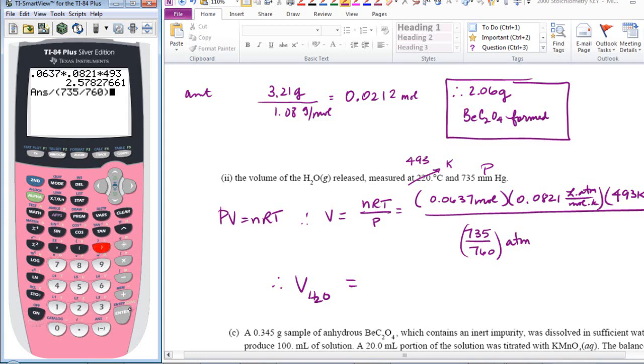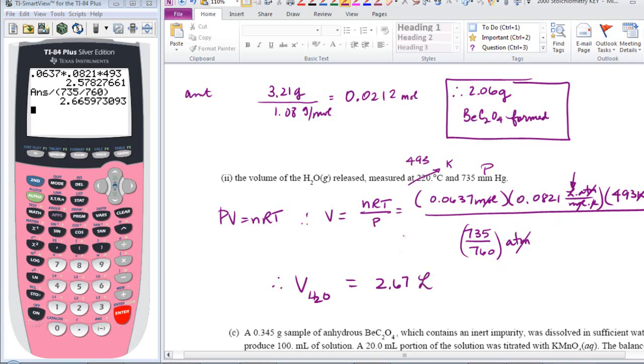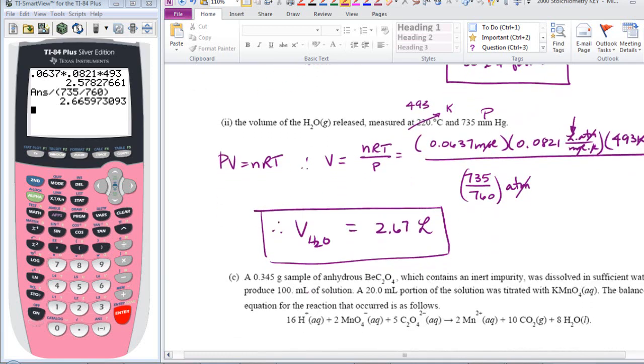Make sure it's in parentheses though, otherwise that 760 pops back up to the numerator. And we come out with an answer of 2.67, and all this canceling leads me to liters as my only unit left standing, which is a good thing if you're asking me for a volume. And voila. So far, so good.